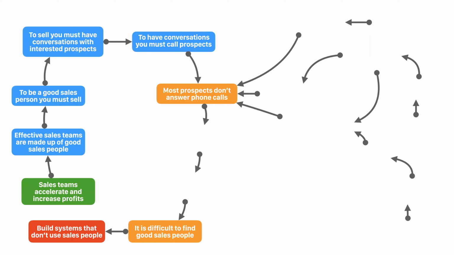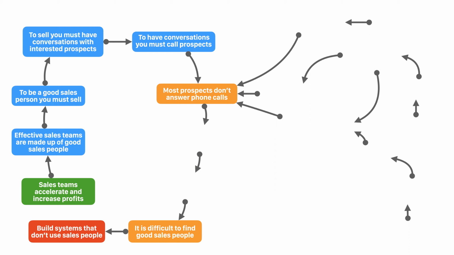And I've seen a number of sales teams where the salesperson is not connecting and having sales conversations. And then I guess to your point, what would be even worse is if they are having those conversations and they're not closing. But in order for a good salesperson to close, they do have to have conversations. And in order to have conversations, they have to call prospects.